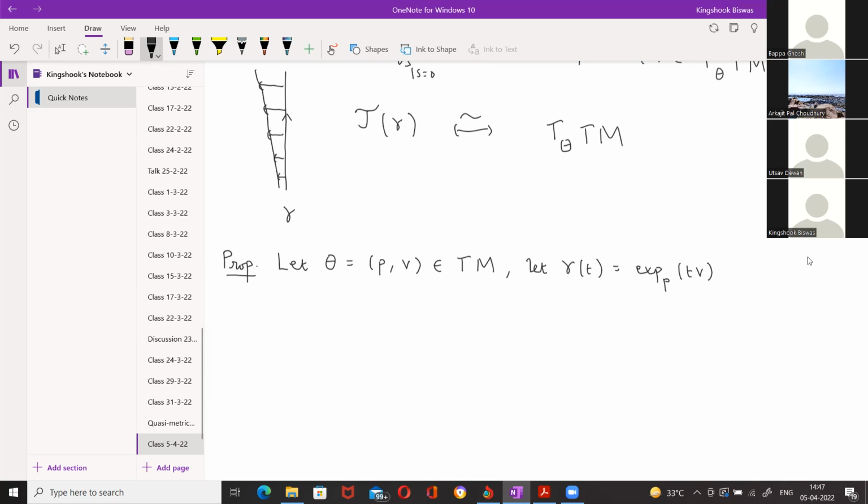This is a geodesic. So let xi be any element of T theta Tm.